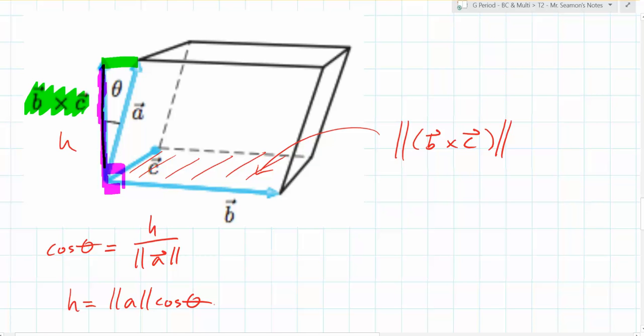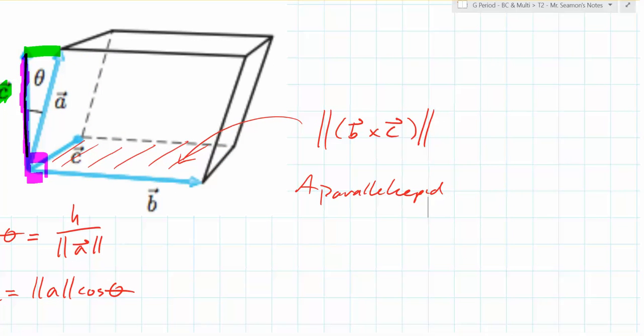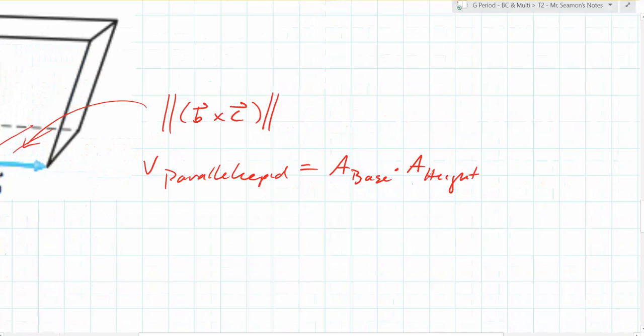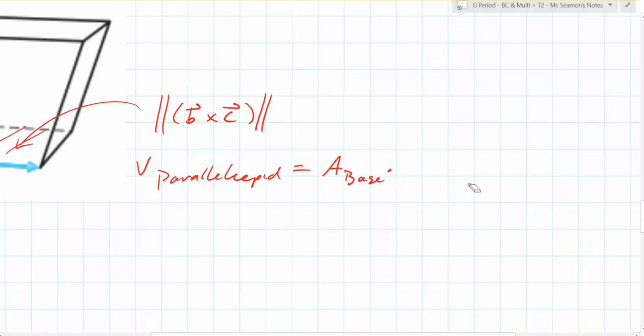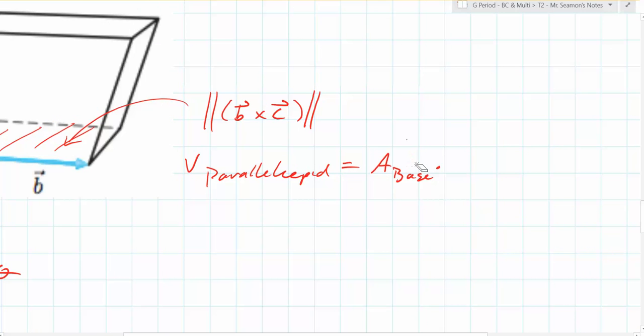Okay, so the area of this parallelepiped, and it's not area, because we're in three dimensions. What's it called? The volume of the parallelepiped is equal to the area of the base times the height. Do you understand what I'm trying to say?